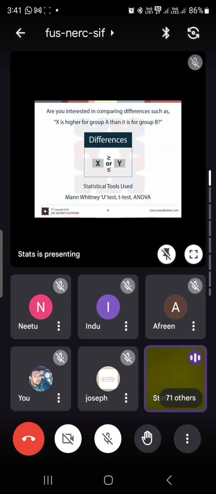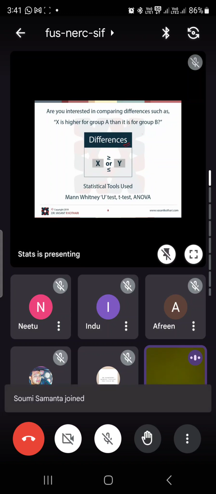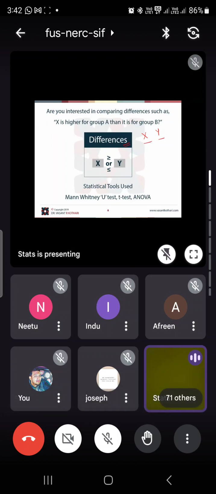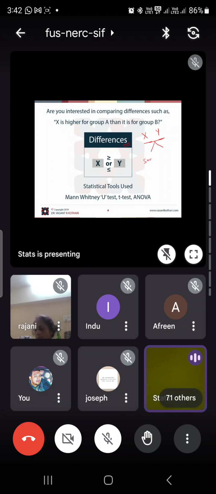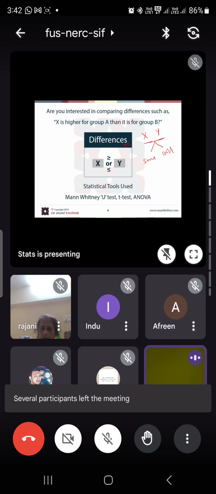The second one is differences. So again, we have the X and Y, and we need to find out if there is any difference or not. Now, two possibilities again here in between X and Y as far as difference is concerned. Either they are same or they are different.